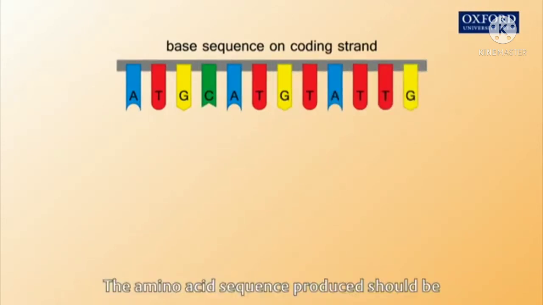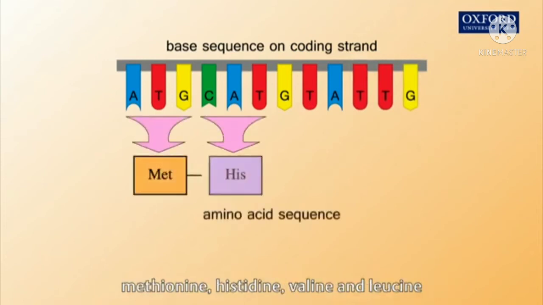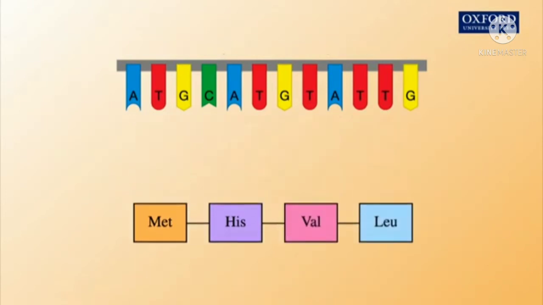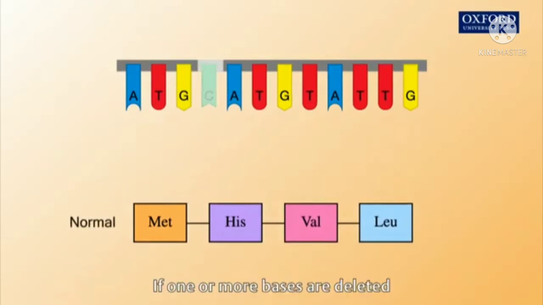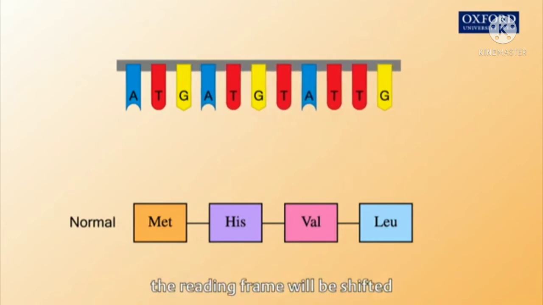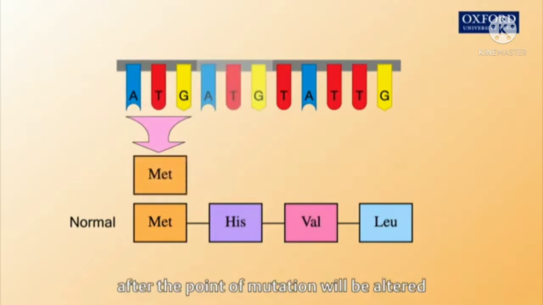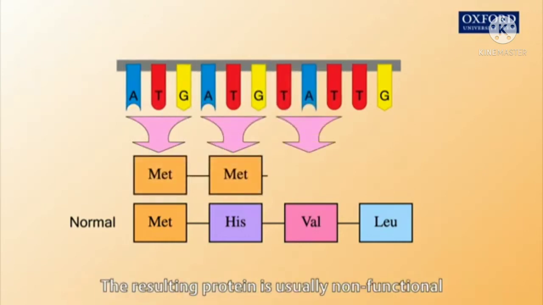The amino acid sequence produced should be methionine, histidine, valine, and leucine. If one or more bases are deleted from the coding strand, the reading frame will be shifted. Thus, the amino acid sequence after the point of mutation will be altered. The resulting protein is usually non-functional.